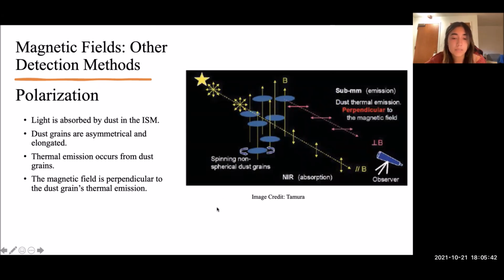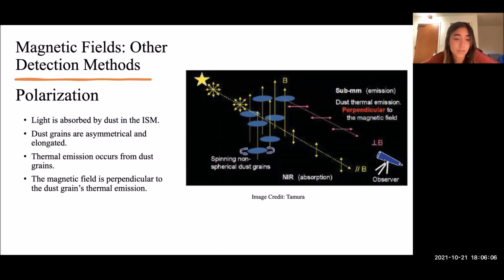When this happens, the dust grains are asymmetrical and elongated, and thermal emission occurs from these dust grains after the light is absorbed. It is known that the magnetic field is perpendicular to the dust grain's thermal emission. So once we detect the thermal emission, we can then determine the magnetic field.